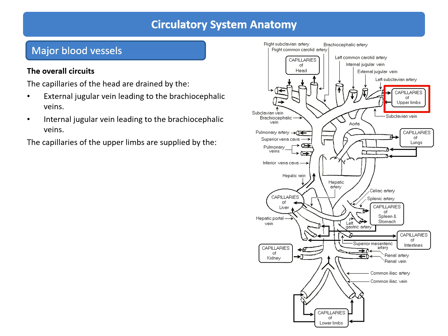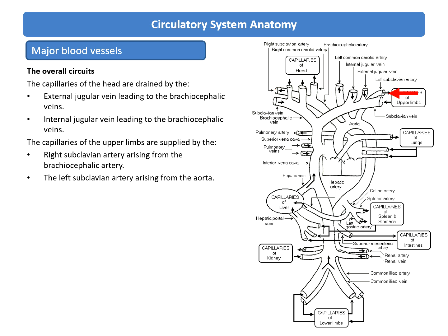Capillaries of the upper limbs are supplied by the right subclavian artery that arises from the brachiocephalic artery, and the left subclavian artery that arises from the aorta. Yes, I know that gets a little confusing. Notice the three major branches of the aorta.